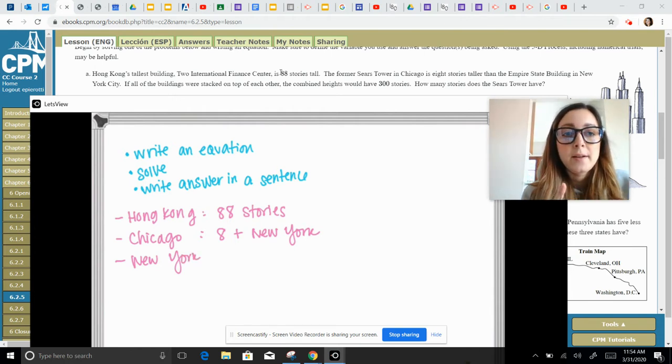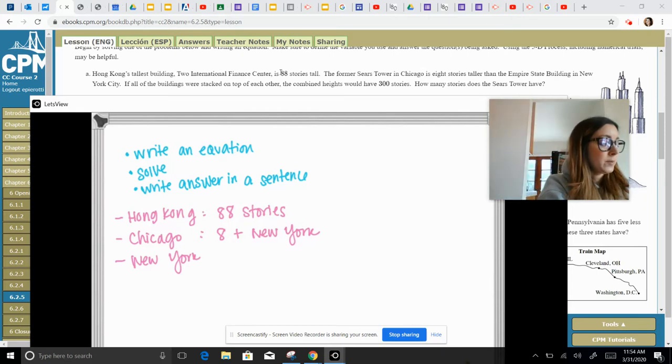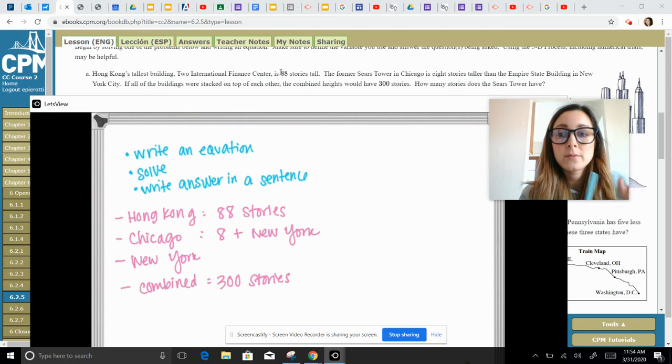And then if all of the buildings were stacked up on top of each other, the combined heights would be 300 stories. So in this case, we know Hong Kong, we know that Chicago relates to New York, and then we know that New York is a separate value, but we don't know anything about it.